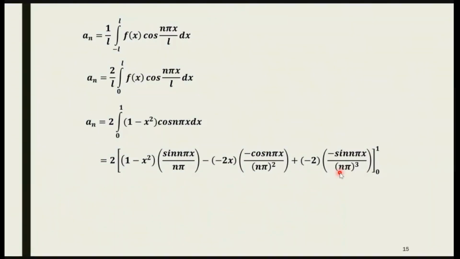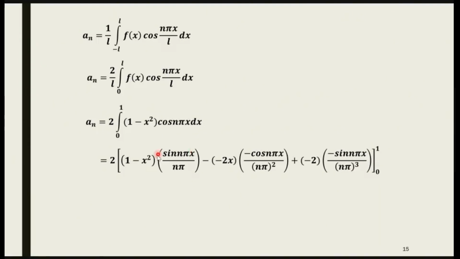So 1 minus x square, cos n pi x का इंटीग्रेशन sin n pi x upon n pi, इसका इंटीग्रेशन minus cos n pi x upon n pi the whole square. इसको और एक बार इंटीग्रेट करेंगे तो minus sin n pi x upon n pi the whole cube between 0 and 1. जब हम x को 1 पुट करेंगे तो ये 0, ये 0.